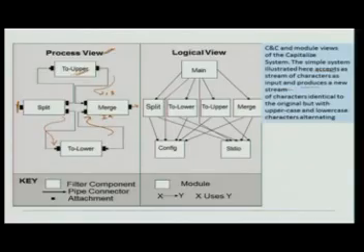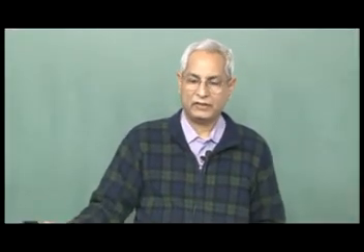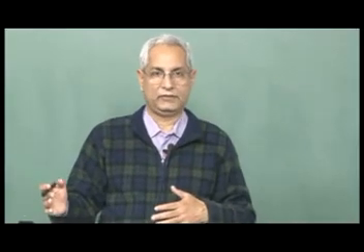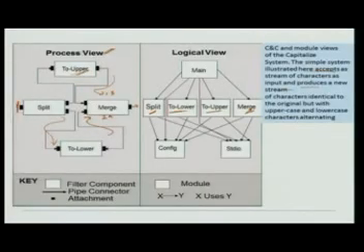There is another subsystem which takes in the input stream and splits it into one uppercase and one lowercase, and finally there is a subsystem which merges these 2 streams. So this is a description of what my subsystems are. This is a description of how these subsystems are going to interact with each other. So this is a logical view of the program which realizes this functionality. This is a process view of the same program which delivers the same functionality. Okay. I hope this is clear, the difference between a process view and a logical view.